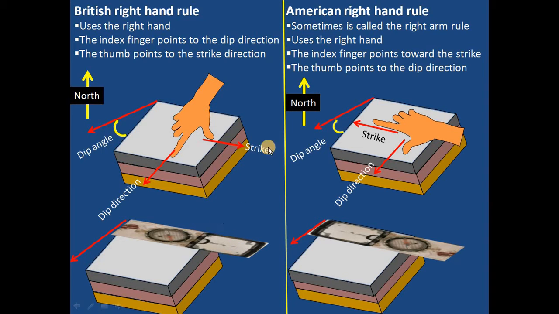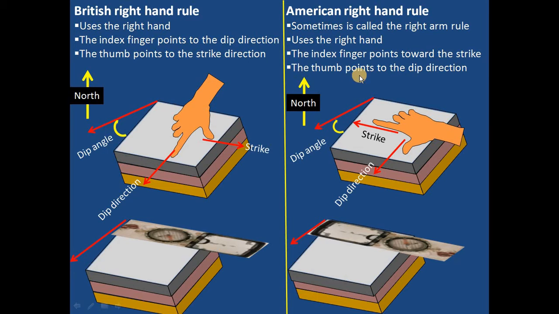But with the American right-hand rule, which is sometimes called the right arm rule, it's the same, it uses the right hand, but the index finger now points toward the strike. You see, in the British right-hand rule, the index finger points towards the dip, but in the American right-hand rule, the index finger points towards the strike.